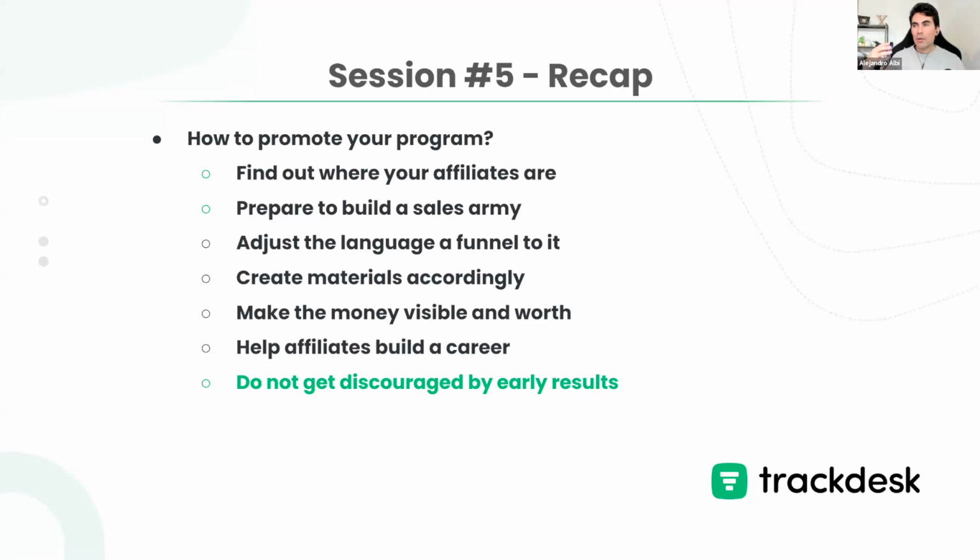So sometimes it's about volume, sometimes it's about luck, sometimes it's about the industry, and some companies put in 0 effort. Basically, they just put the link there, like become an affiliate, and people will just sign up. Anyways, my recommendation: do not get discouraged by early results. Try to apply a different strategy. You can check session number 5 for that. And let's move on now to session number 6.